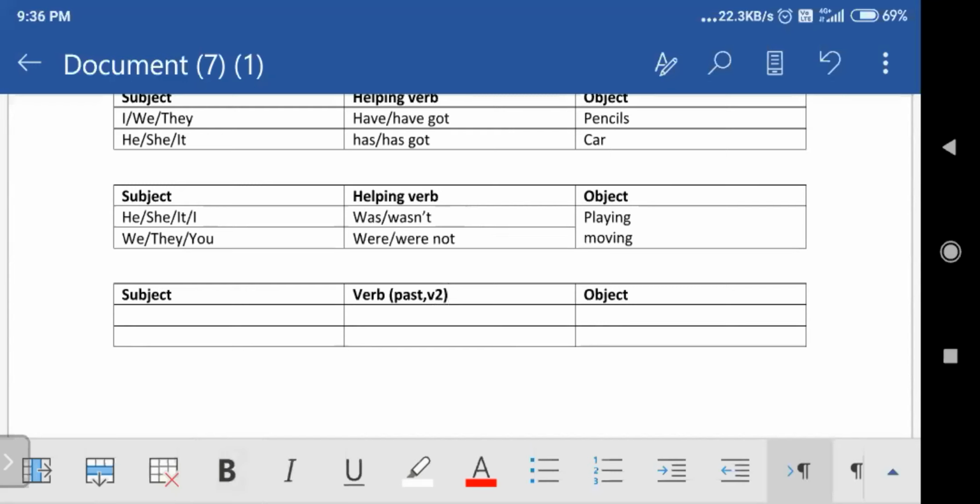For example, we have the word play. Do you know what the second form of it, or the past tense of it, is? Played. Right there. Now for played, what kind of subjects can we use? That's what you need to concentrate on.